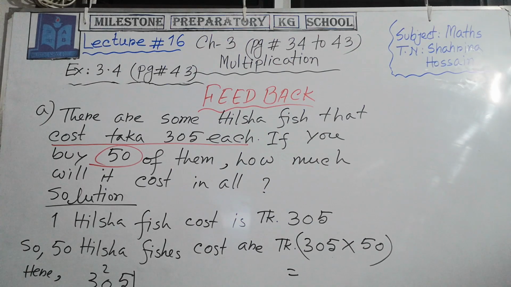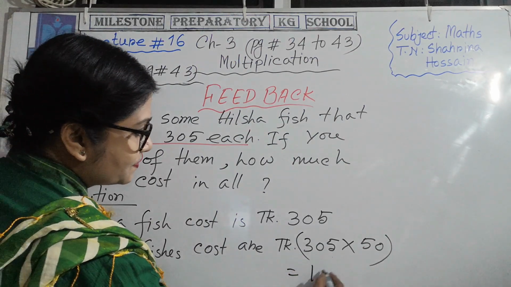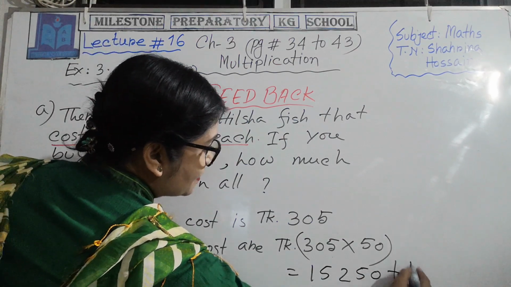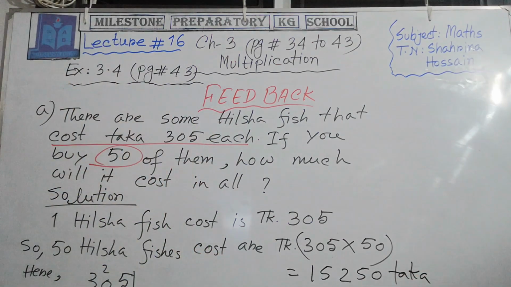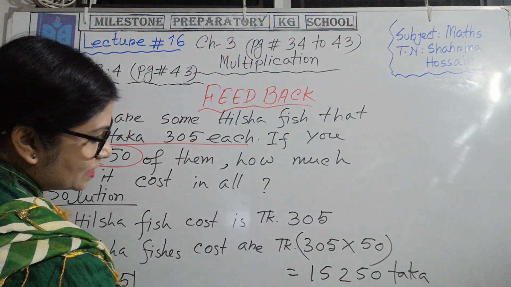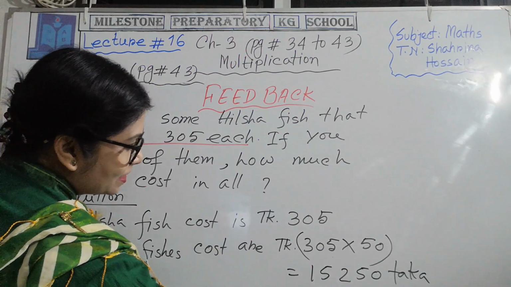Here 1 0. That means total amount is 15,250 taka. Answer is 15,250 taka.